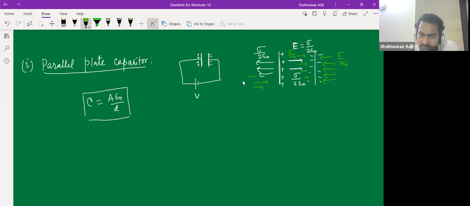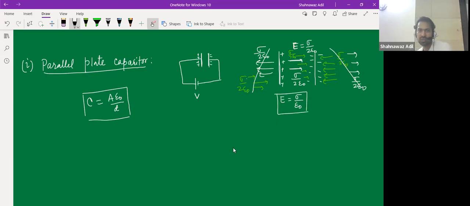You can see that in this area the fields cancel out, in this area they cancel out, and in this region the electric field adds up and gives sigma by epsilon naught. The distance between these plates is d.